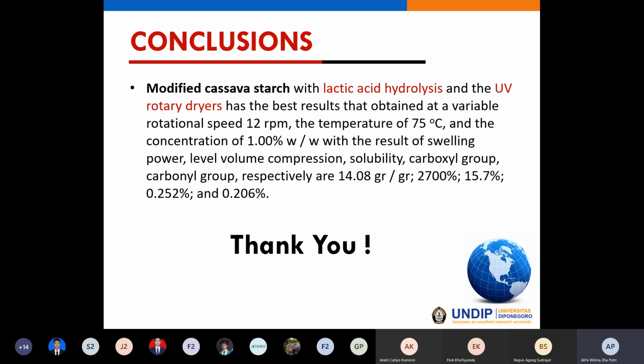The swelling power, volume expansion ability, and solubility are respectively 14.08 gram per gram, 2,700%, and 15.7%. And the carbonyl and carboxyl groups are 0.252% and 0.206%.